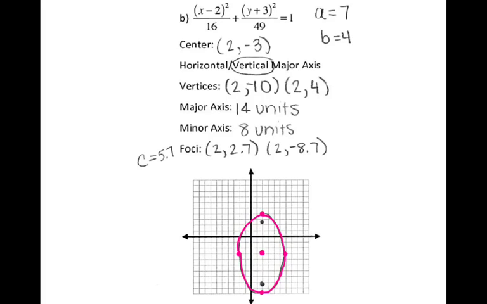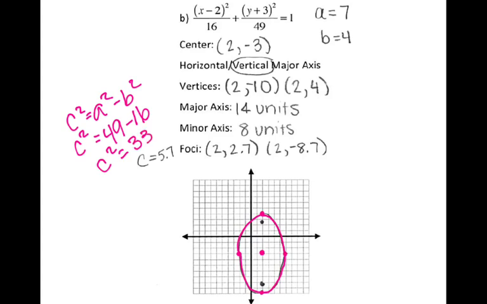Now to find your foci, you have a formula for the foci, and it's c squared equals a squared minus b squared. So c squared equals 49 minus 16. So c squared equals, what is 49 minus 16? 33. And I'm going to take the square root of 33, which gives me this 5.7.